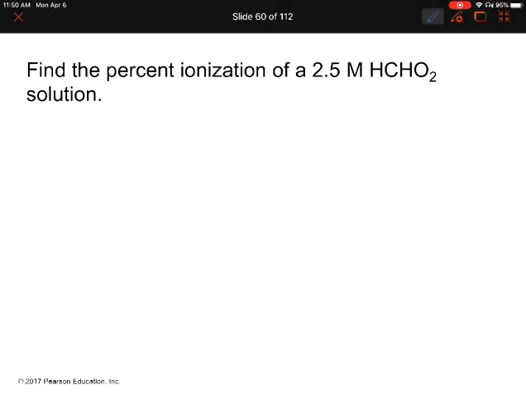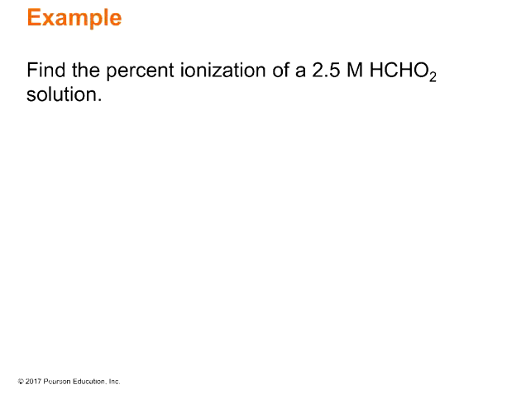I'm going to change my marker color here. So we're going to start out with exactly the same steps that we performed last time. We're going to write out the chemical equation.